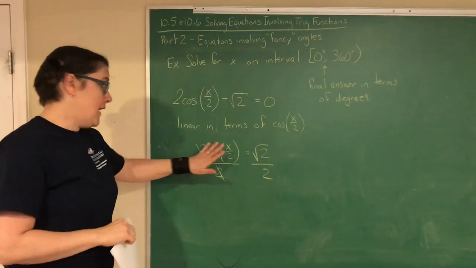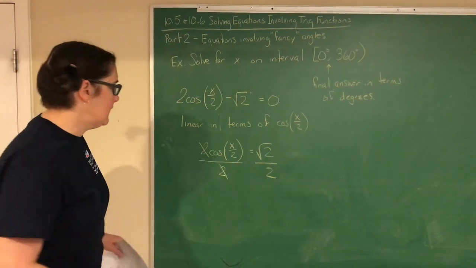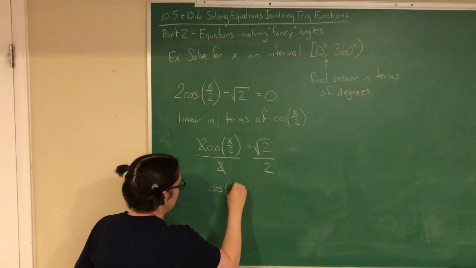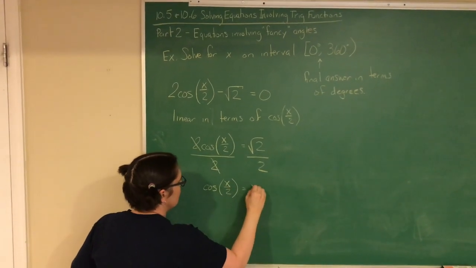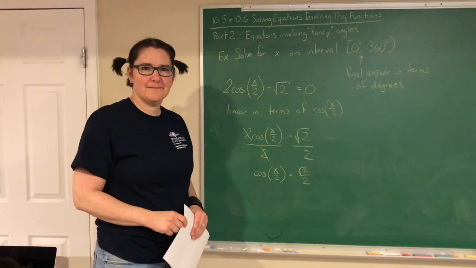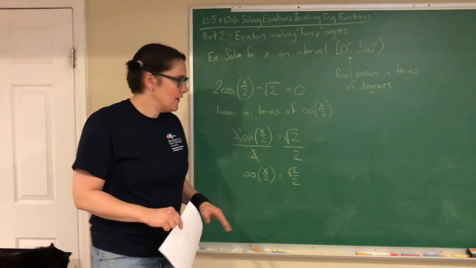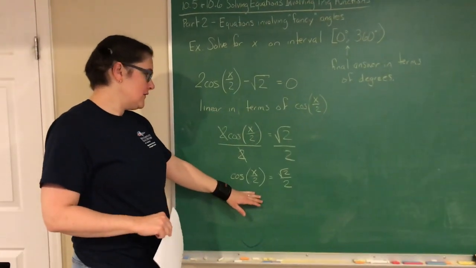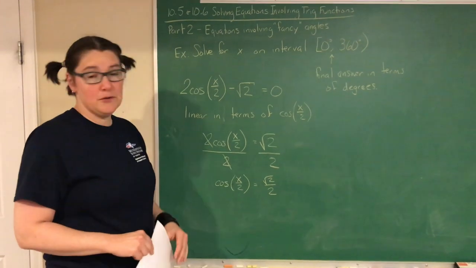I'm not touching what's inside the parentheses. So what we have now is cosine of x over 2 is equal to root 2 over 2.